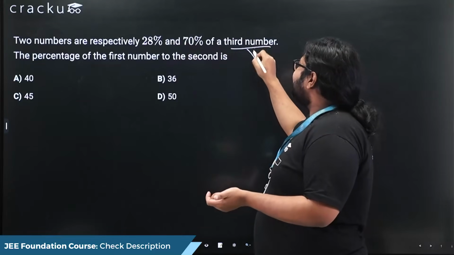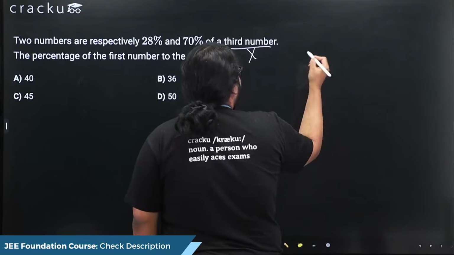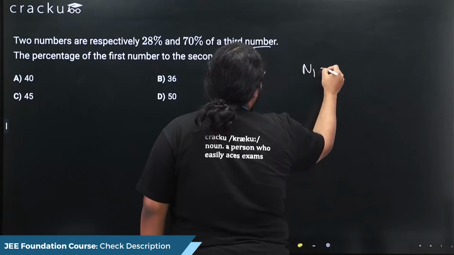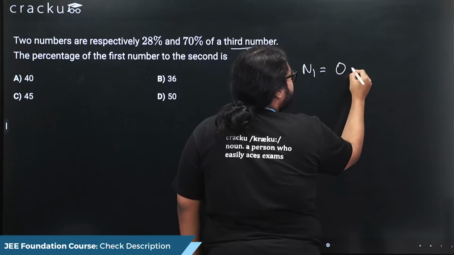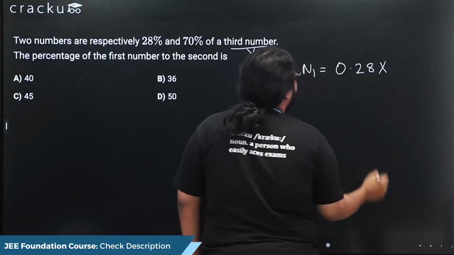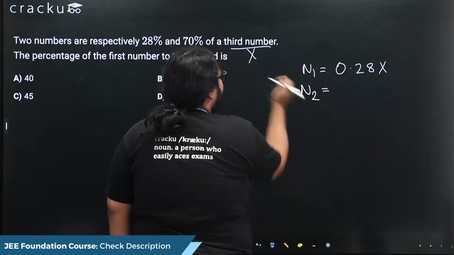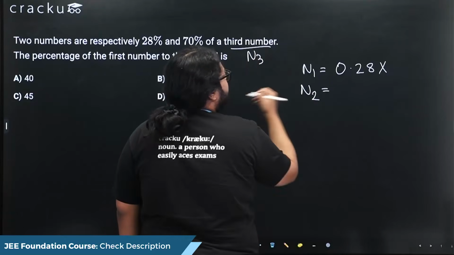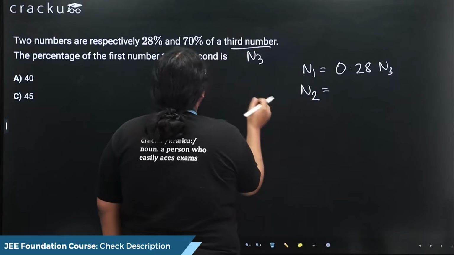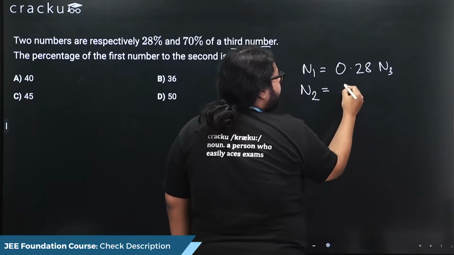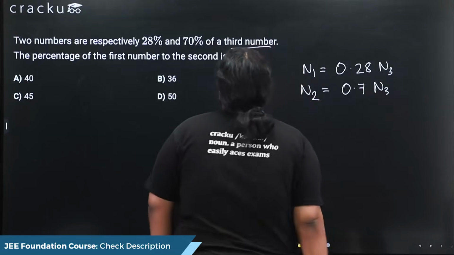Let's consider the third number to be n3. The first number, n1, is 28% of n3, which means 0.28 n3. The second number, n2, is 70% of the third number, so n2 is 0.7 n3.